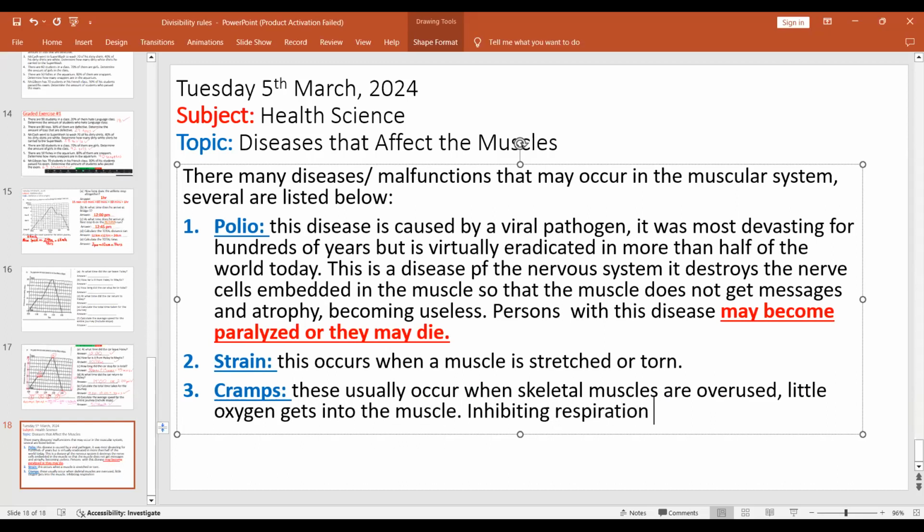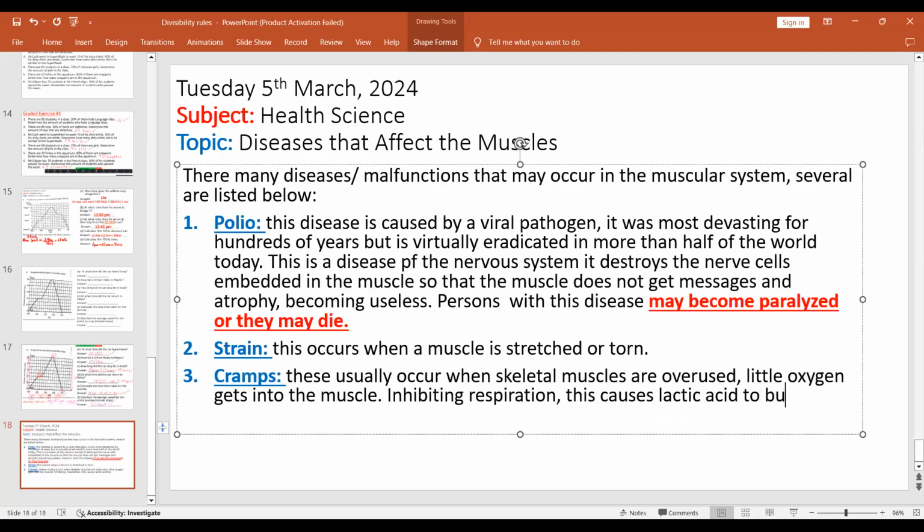Now, when you have little oxygen getting into the muscles, it's going to cause a buildup of lactic acid. So this causes lactic acid to build up in the tissue of the muscle. That's cramps.